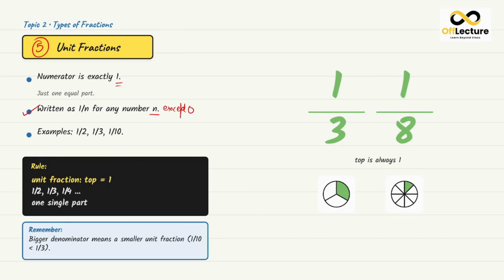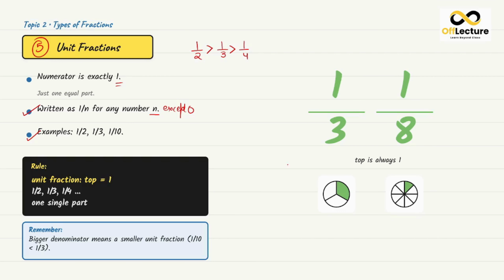So in unit fractions, we understood that a bigger denominator means a smaller unit fraction. That means if it is 1 by 2, or 1 over 3, or 1 over 4, then 1 by 2, that is half, will be greater than 1/3, which will be greater than 1/4. The reason is that the more parts you split one thing into, the smaller each part will become.